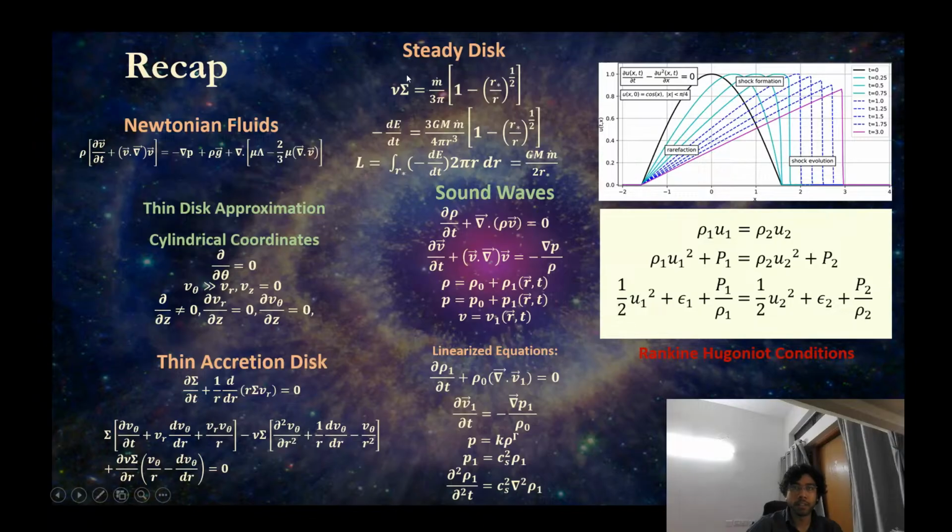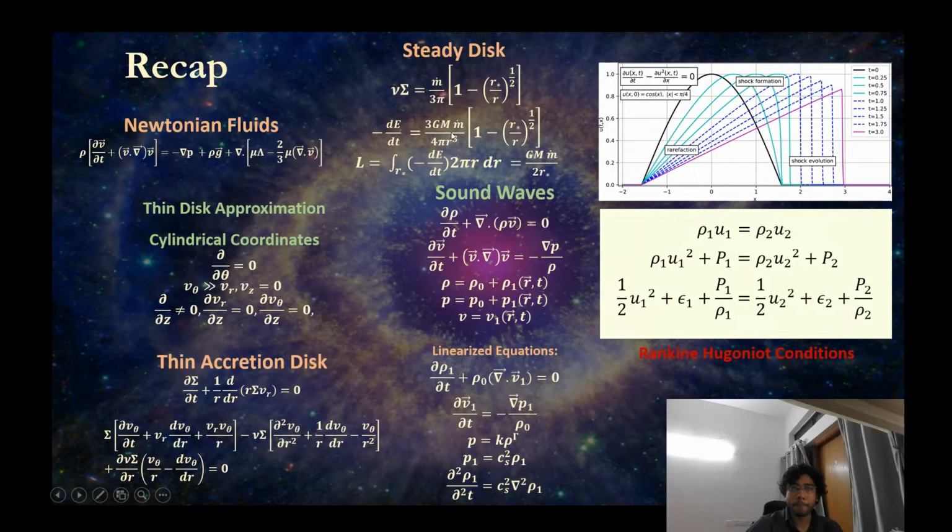This is the relation that we also derived in the previous lecture, that nu sigma is dependent on the mass accretion rate. So the higher the mass accretion rate, the more is the viscosity in these systems, right?